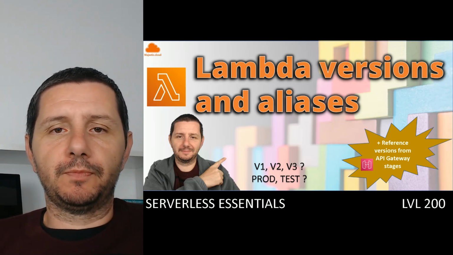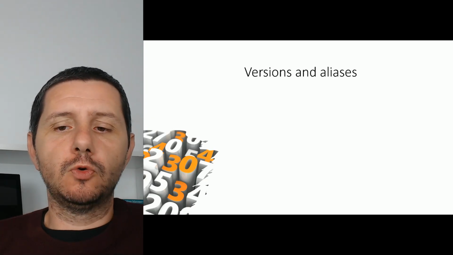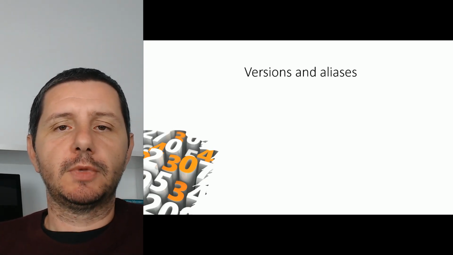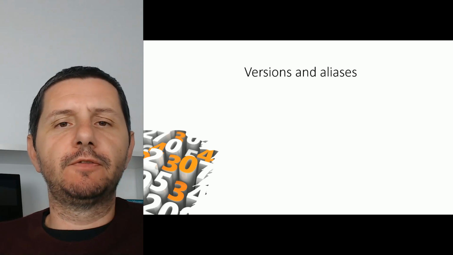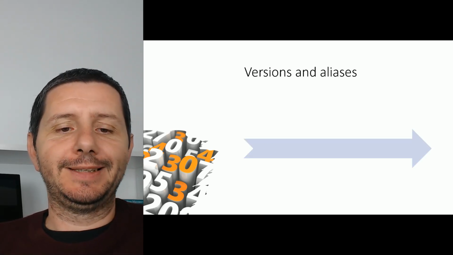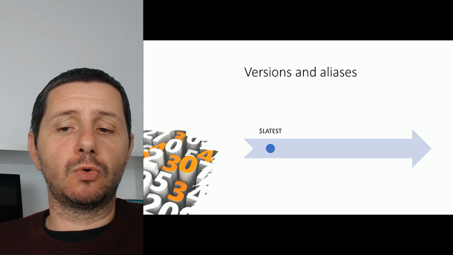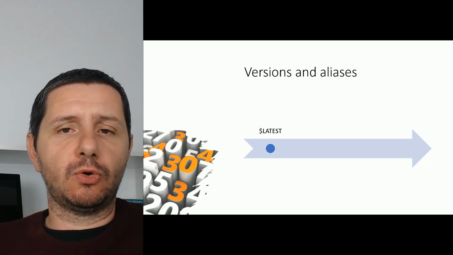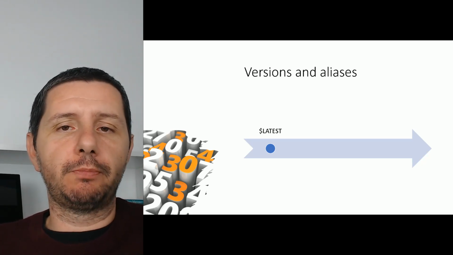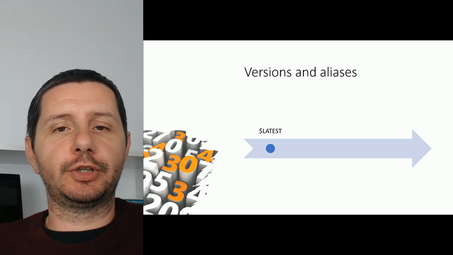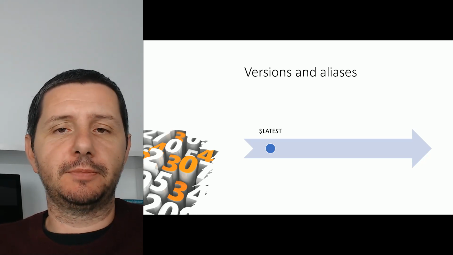In Lambda, when you create a Lambda function, it has a default version called latest. This always has the latest code, and whenever you hit the deploy button, this is the version that gets updated.